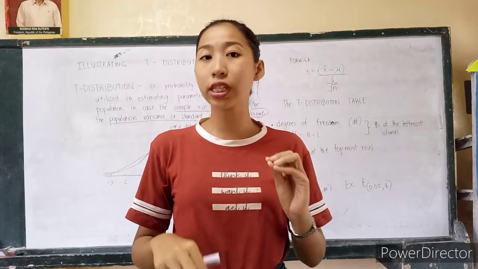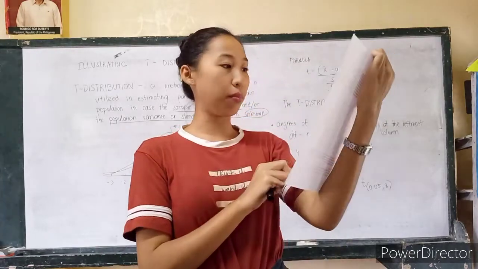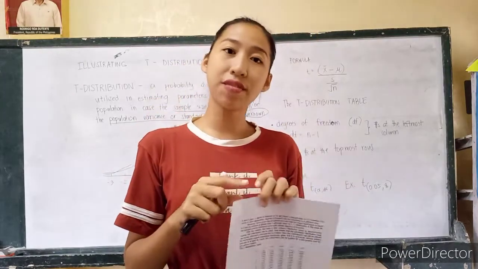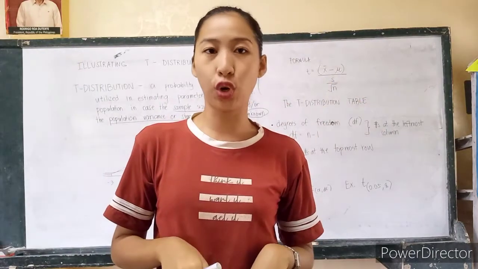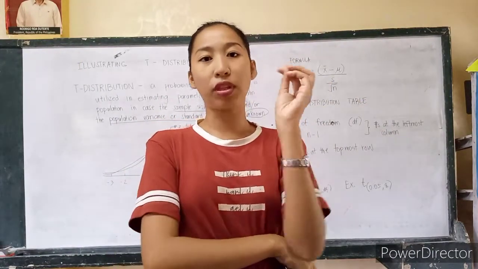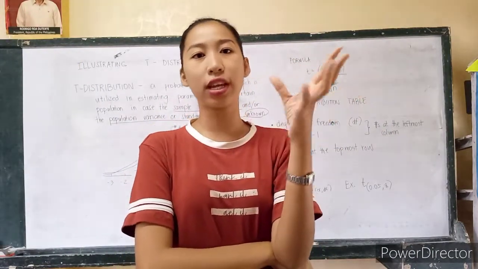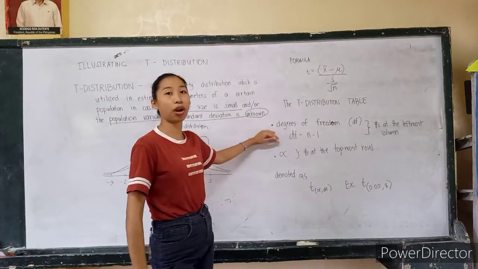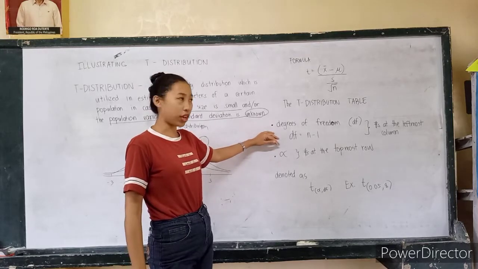Actually, using the t table is almost the same. This is your t table. Finding the t value is the same, also using the intersection. But this time, you do not use the first 2 digits and the third digit. Instead, we use what we call degrees of freedom.